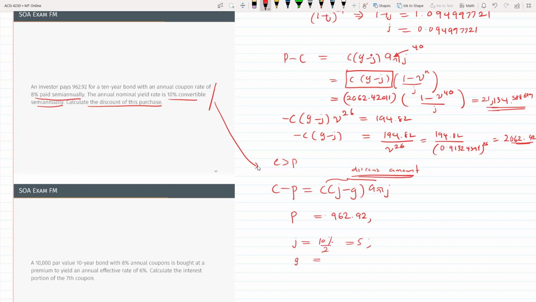G, which is FR divided by C, annual coupon rate is 8%. So here it's semi-annually, so it's 4%. So let's try to calculate this quantity and see what do we get.